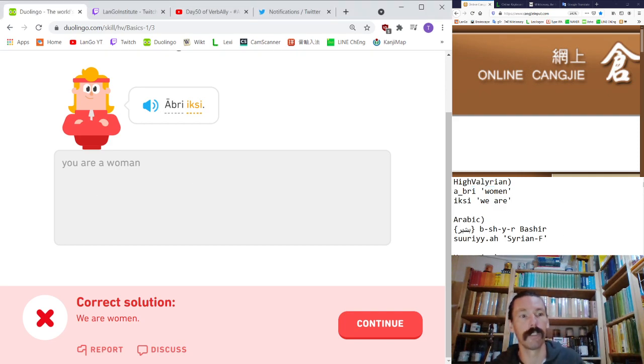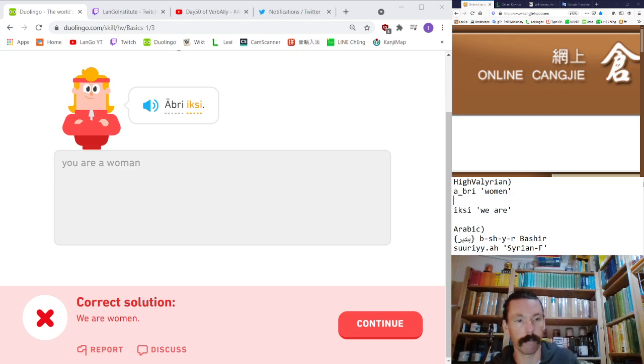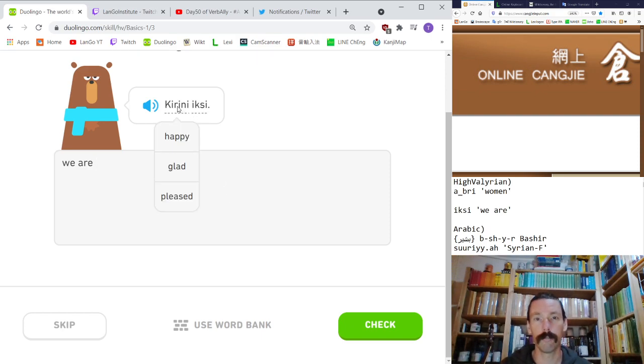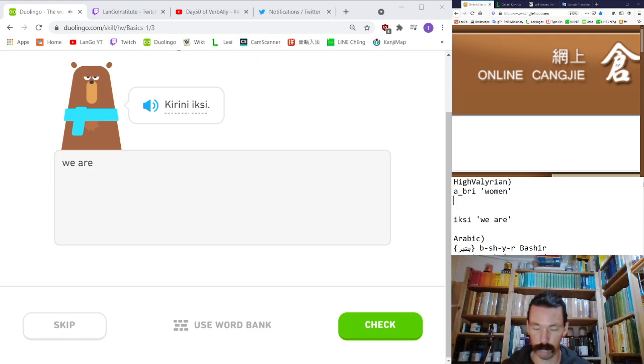Okay. Ixi, we are going to collect forms of this be verb. Kirini ixi. So we are something. Is it small? Kirini. And the R sounds long, trilled like the Spanish double R, except this one is voiceless.